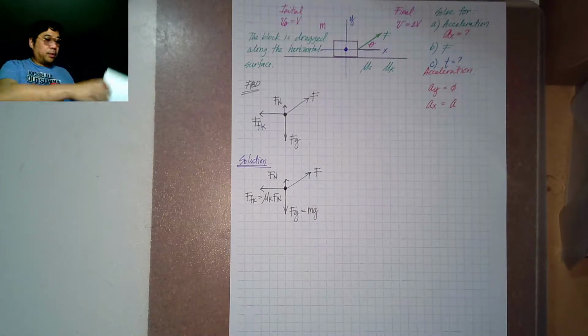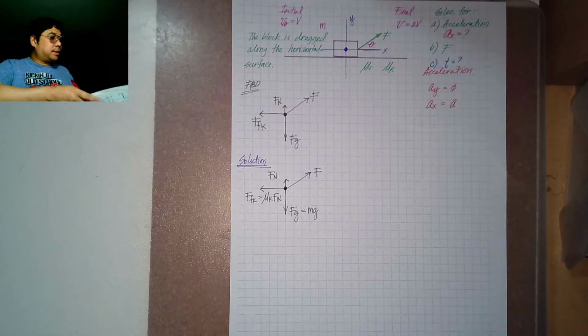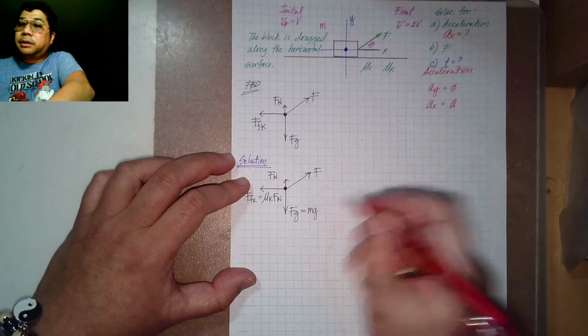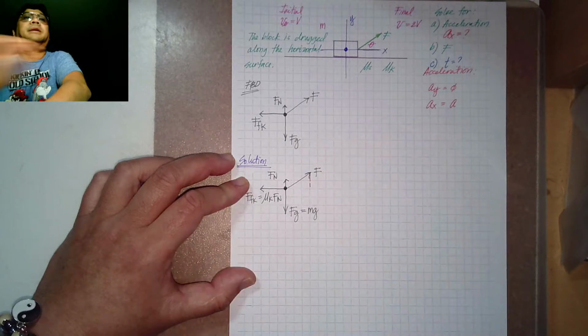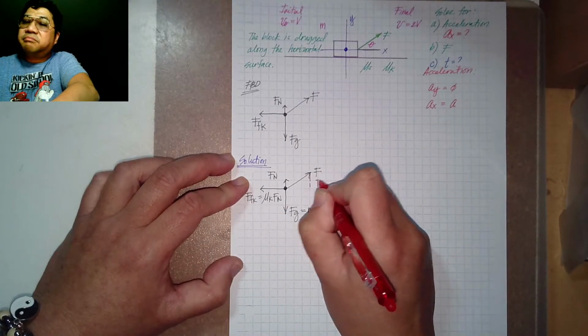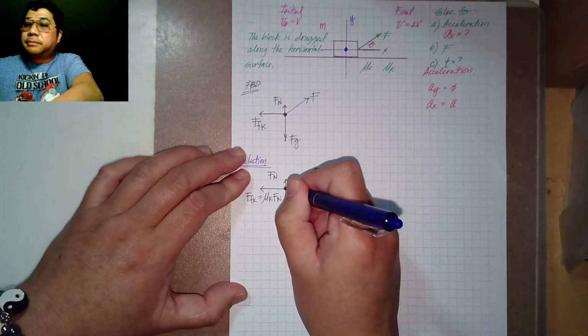Again, let us draw our components of force F, because it is applied at an angle, not along the axis. So why don't we use the dotted lines of red for our y, and blue for our x-axis.